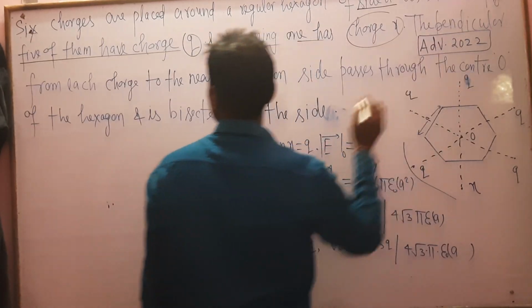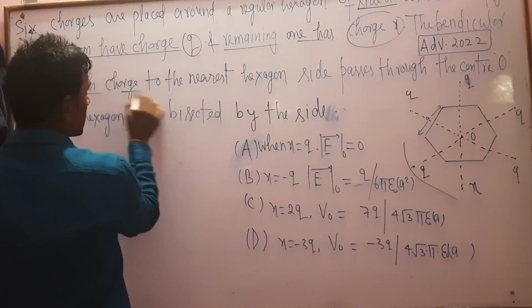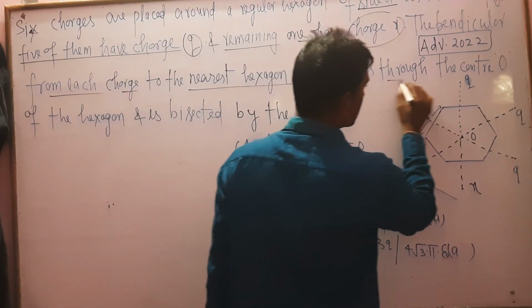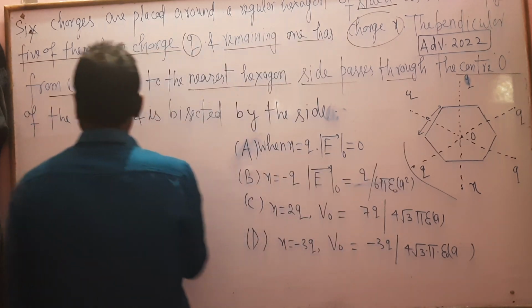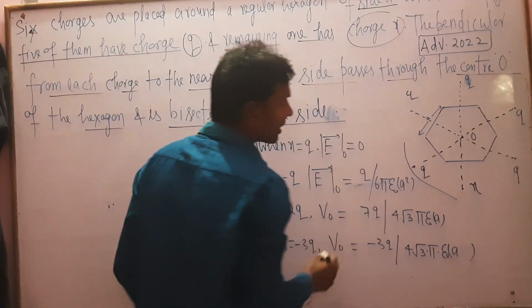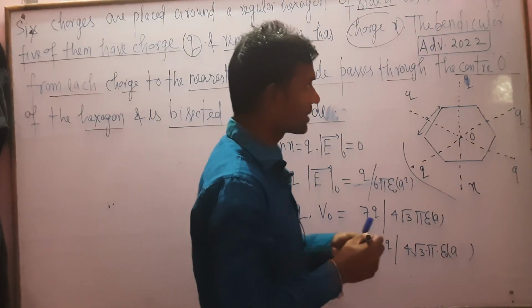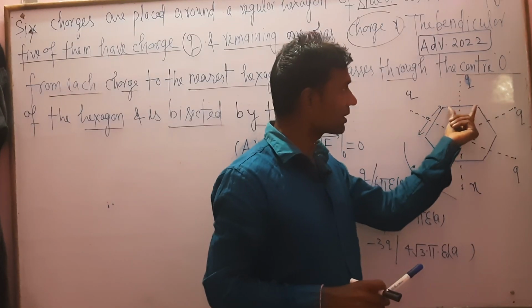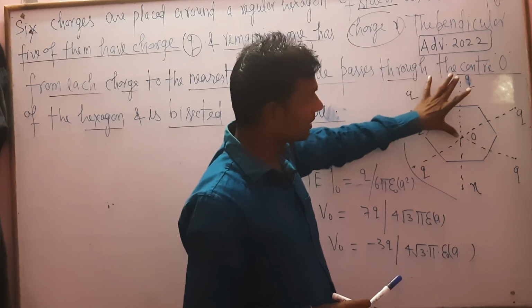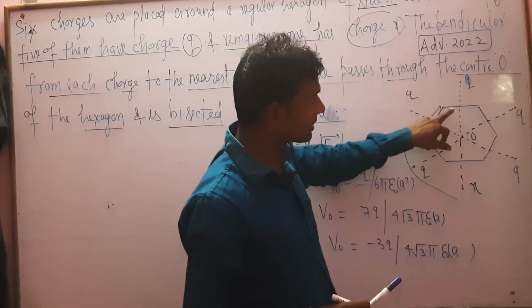The perpendicular from each charge to the nearest hexagon side passes through the center O of the hexagon and is bisected by the side.